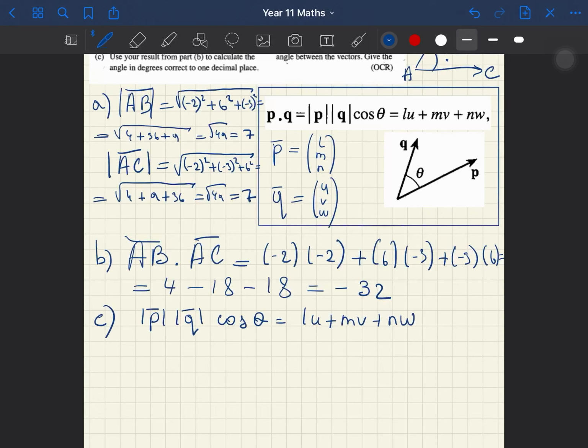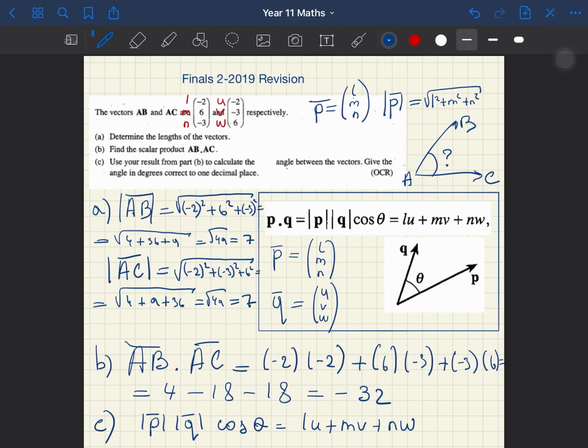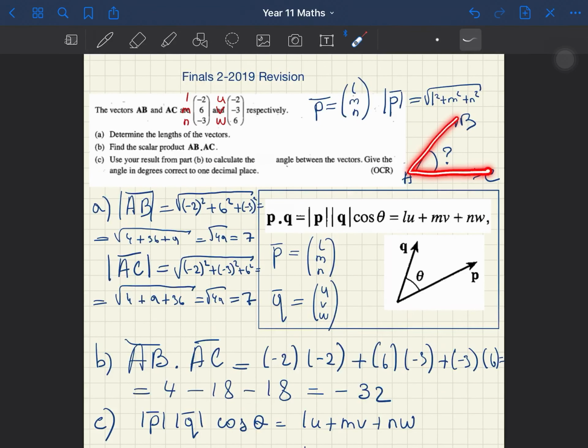If we want to make cosine theta the subject, cosine theta would be equal to LU plus MV plus NW divided by magnitude of P times magnitude of Q. So the angle we are looking for is BAC, the angle between vectors AB and AC.